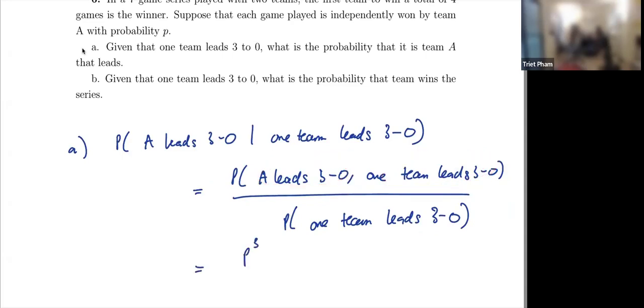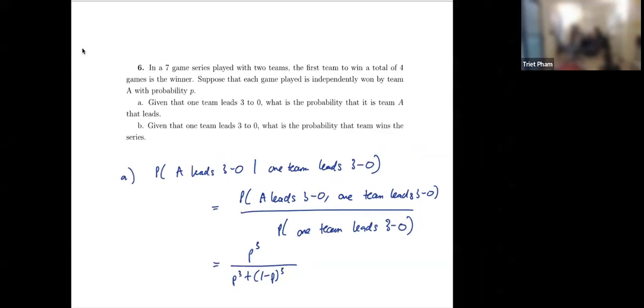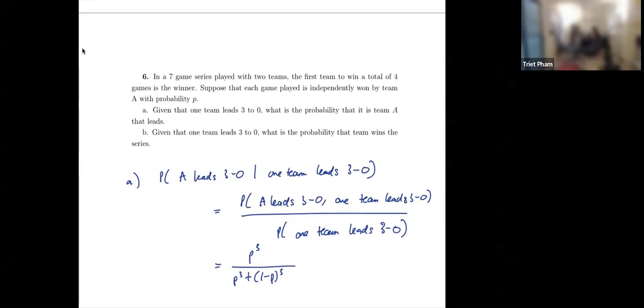The bottom is either A leads 3-0 or B leads 3-0. There's no intersection because there's nothing in common, so that would be p cubed plus (1 minus p) cubed. Any question about that?